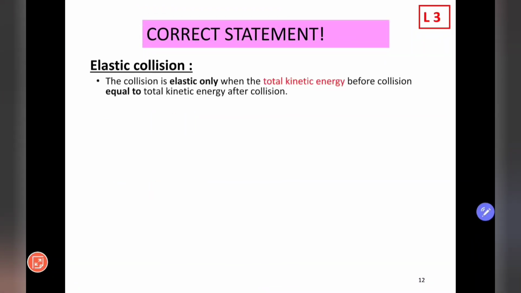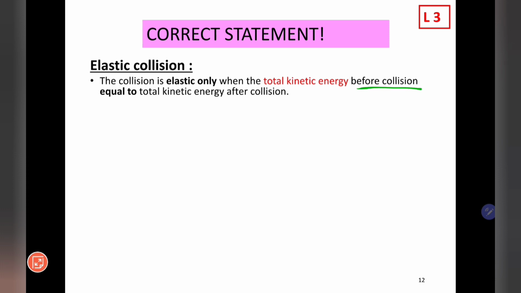The collision is elastic only when the total kinetic energy before collision equals the total kinetic energy after the collision. The keyword is before and after collision, the total kinetic energy equal to each other.